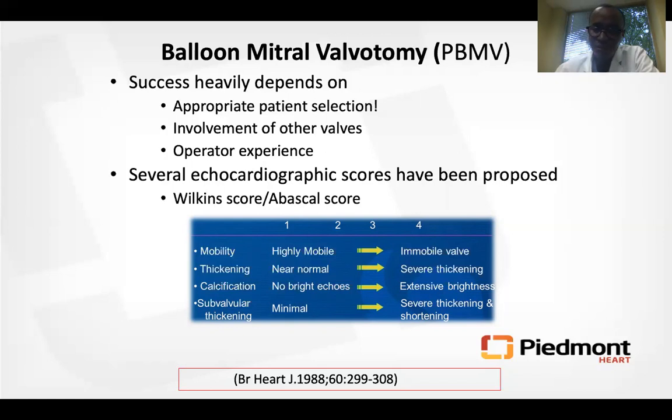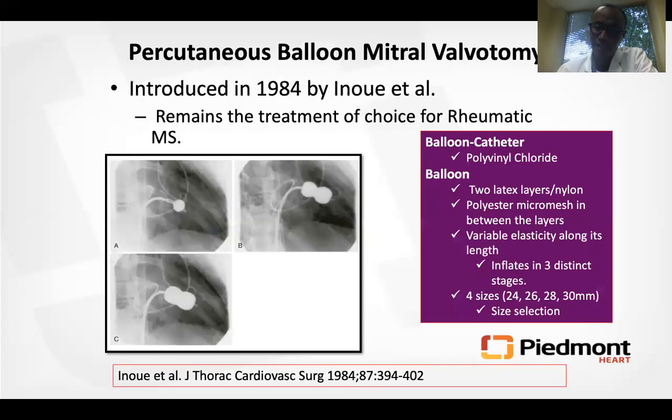Mobility, thickening, calcification, and subvalvular thickening each get a score of 1 to 4, and any score greater than 8 will predict that the patient may not be a good candidate for balloon mitral valvuloplasty. So those patients typically undergo surgical replacement. However, if they have favorable anatomy, they will be a candidate for percutaneous balloon mitral valvotomy.